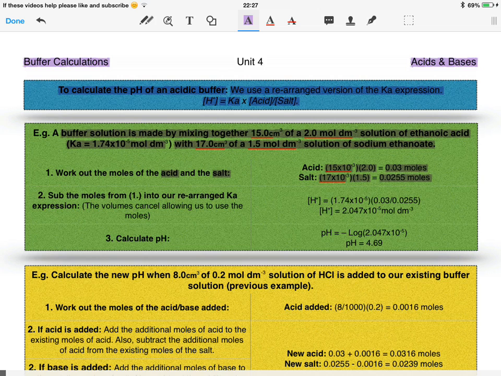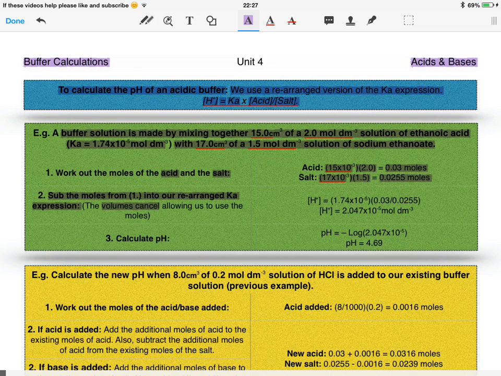Once we've worked out our moles, we can sub these into our rearranged Ka expression, the one that's up here. The reason we don't need to convert them into concentrations is that the volumes cancel, and this allows us to use just the moles.